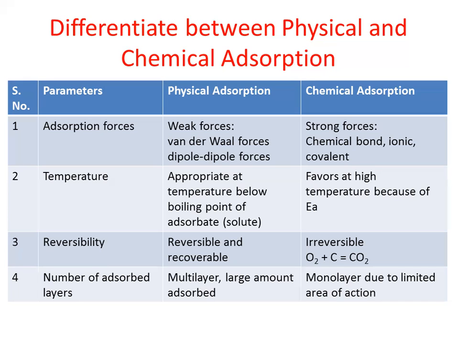So that's why in case of the physical adsorption, you will get more amount of adsorption of the adsorbate as compared to the chemical adsorption. Clear? So the amount is related to the number of layers adsorbed on the surface. More will be the layers, more will be the amount of the adsorbate adsorbed on the surface of the adsorbent.